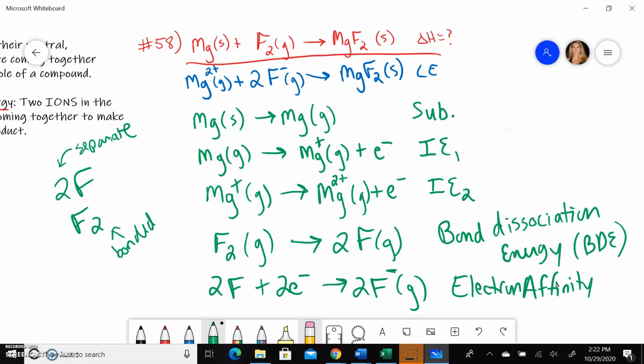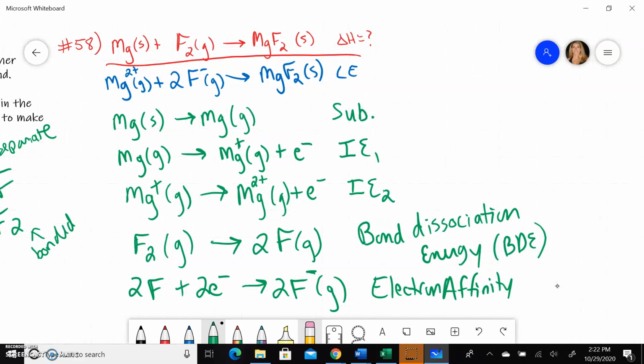However, electron affinity is only for one atom. It's the energy that you get when you stick an electron onto an atom. Notice that we have 2 fluorine atoms and they each received an electron. So we're going to have to multiply this amount by 2. Sometimes you have to do things to these numbers depending on how many you have.